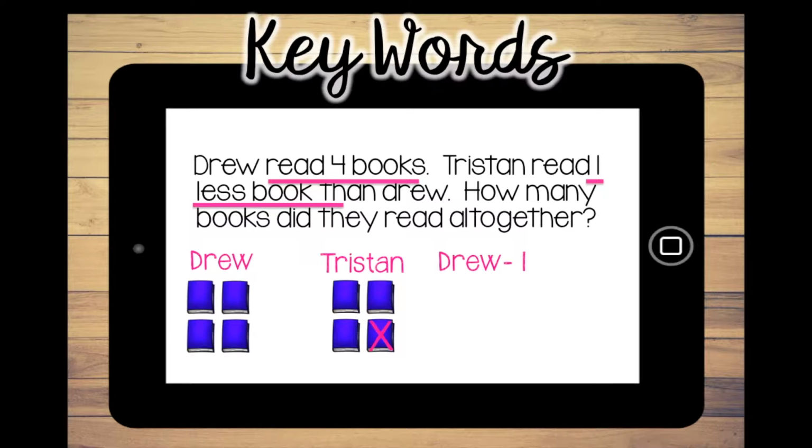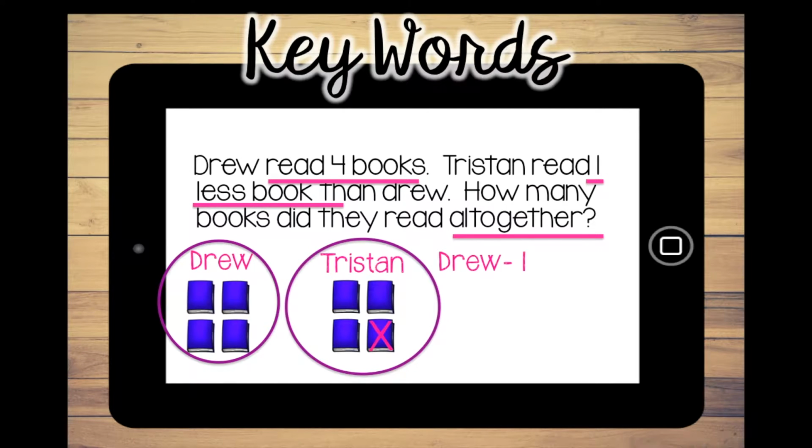Now we need to find what they're asking us. How many books did they read all together? So the first step, we subtracted Drew's books minus 1. Now we're going to add. We're going to add Drew's books and Tristan's books. Let's count them up. 1, 2, 3, 4, 5, 6, 7.